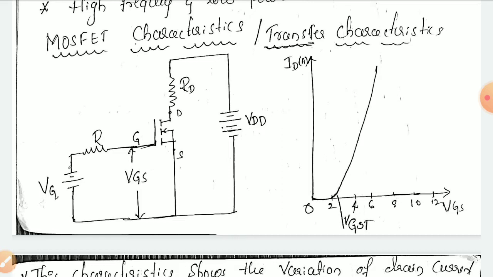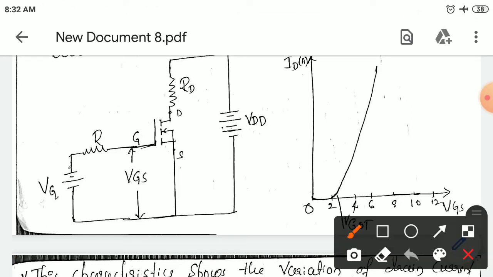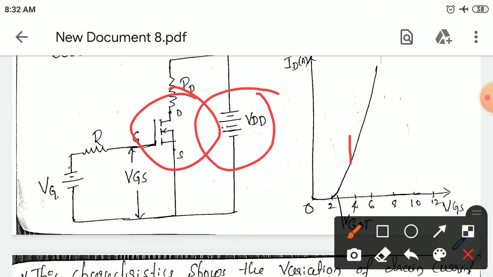Here is the equivalent circuit or experimental setup which will indicate how to draw the characteristics of the MOSFET. You can see this is the MOSFET circuit. This is your MOSFET, which is connected to one supply on the output side, and another supply on the input side.